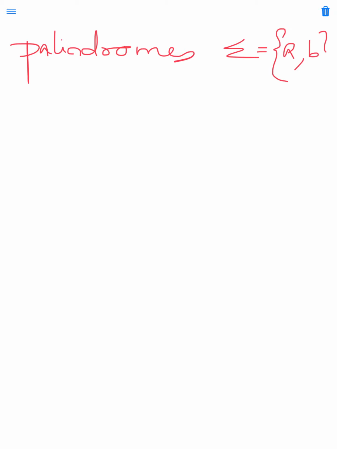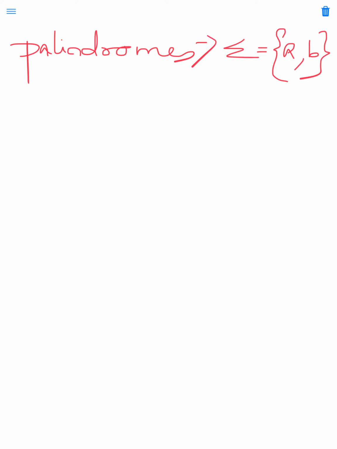Okay. Write one more example, that is design a context-free grammar for the set of all strings which are palindromes over an alphabet sigma equal to {a, b}.